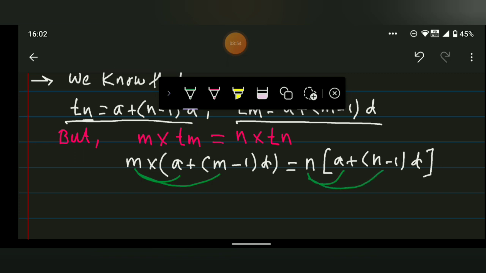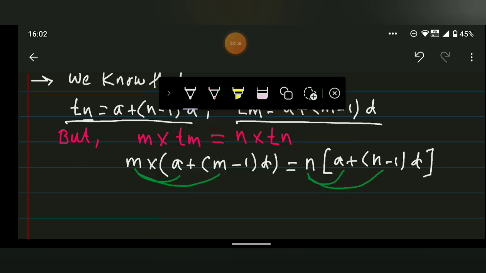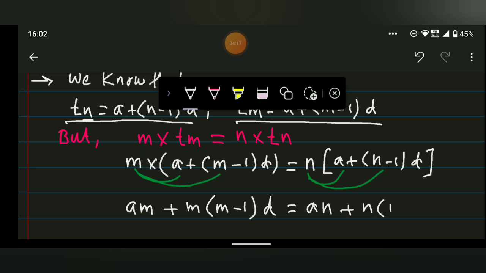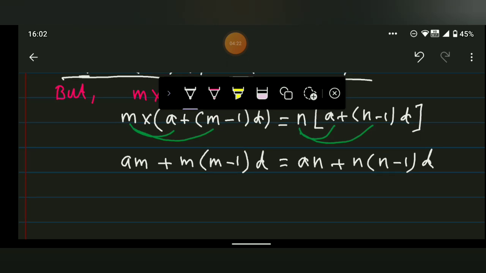This multiplication gives us m into a, that is am, plus m multiplied by m minus 1 into d. Similarly on the other side, n multiplied inside gives an, plus n multiplied by n minus 1 into d. So this is the equation in front of us.